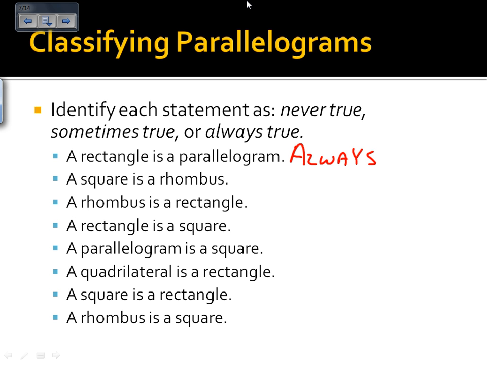Never? So there are no squares that are also rhombuses? It says a square is a rhombus. Point at your square. Everybody look at your square. Is the square also inside the rhombus circle? So does the square have to be a rhombus then? Yes. So always has to be. Okay?